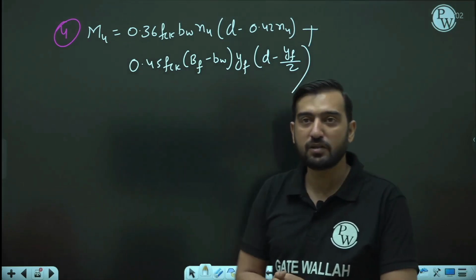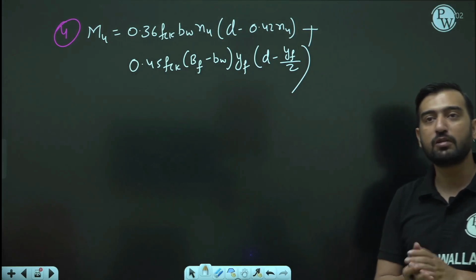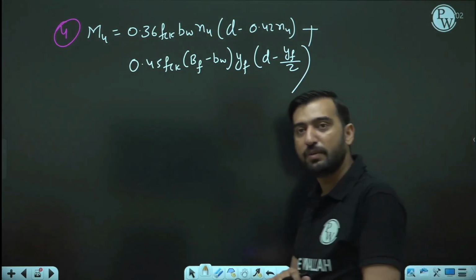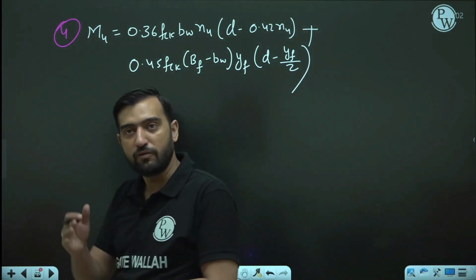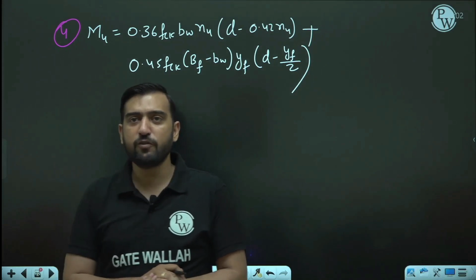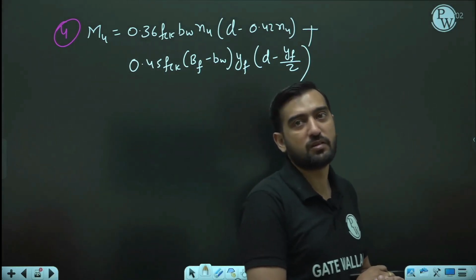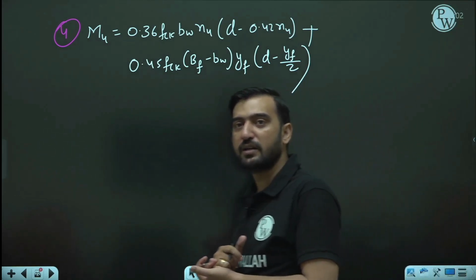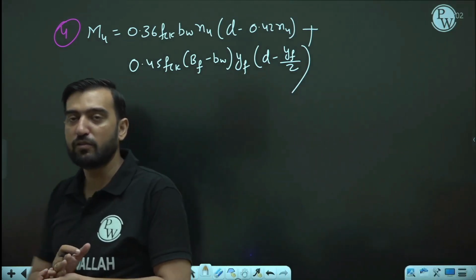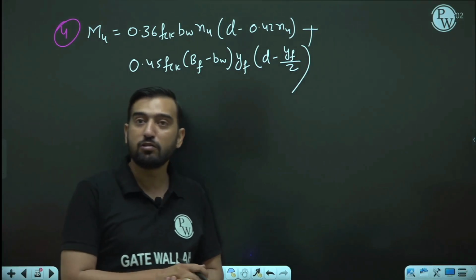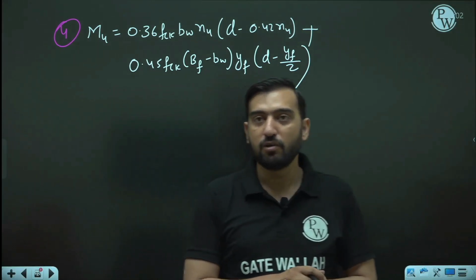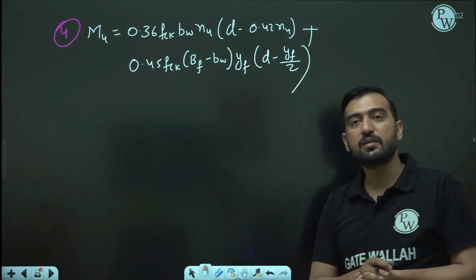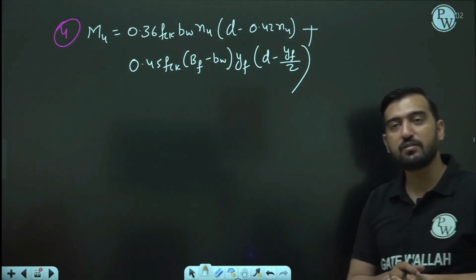If that assumption fails, meaning the value of XU comes out of range, then you go for case number 2, first A, then B. If case number 2A is also dissatisfied, how will that happen? XU this time would be greater than DF, but another check, 3 by 7 of XU, we have to make sure it is also greater than DF. Okay, isn't it? If 3 by 7 of XU is greater than DF, it means case number 2A is valid.